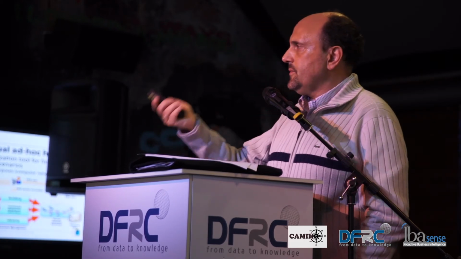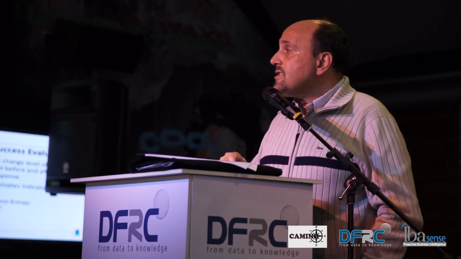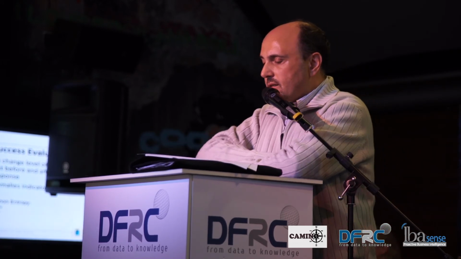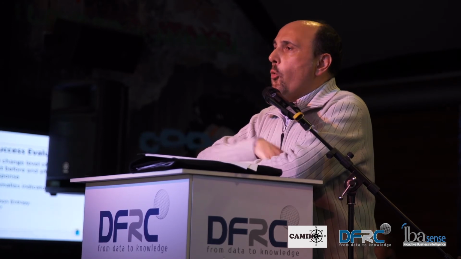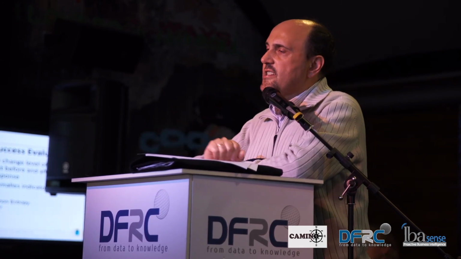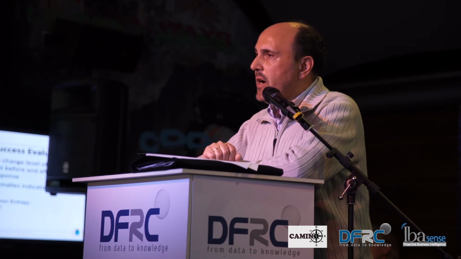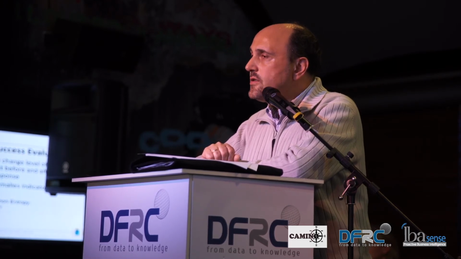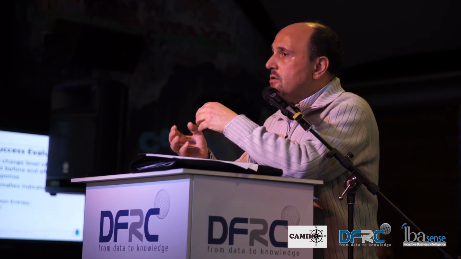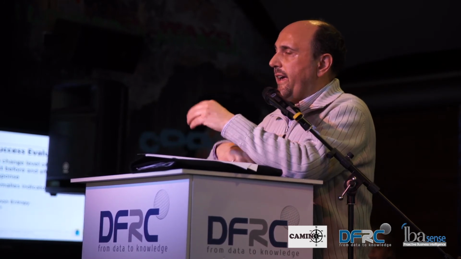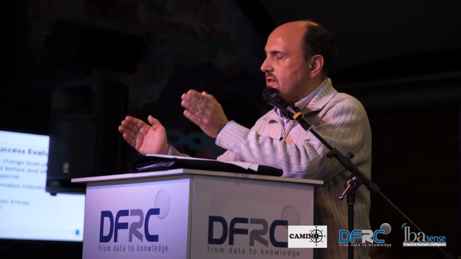And the last module is the response success evaluation. Once a response is executed, we try to determine whether this response was successful or not. So we try to determine again the variations of the context.